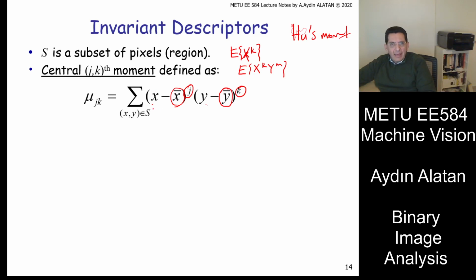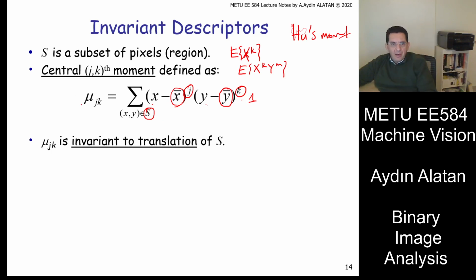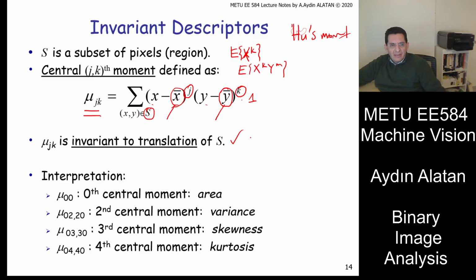Here, the same idea, only obviously you multiply with 1 for the foreground objects. These are foreground. You just calculate their central jkth moments, denoted like this. And please note this is invariant because we are subtracting x bar and y bar, the center of mass. Therefore, these are translation invariant.